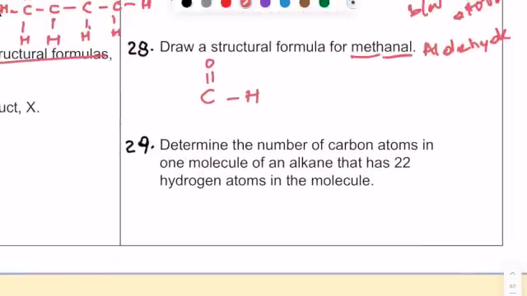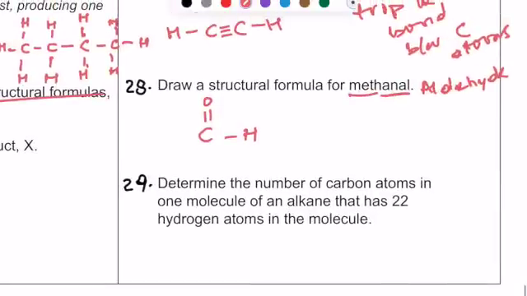Determine the number of carbon atoms in one molecule of an alkane that has 22 hydrogen atoms in the molecule. So we are looking at an alkane. What you can do is use Table Q, which is the homologous series of hydrocarbons. The general formula for an alkane is CnH2n+2.